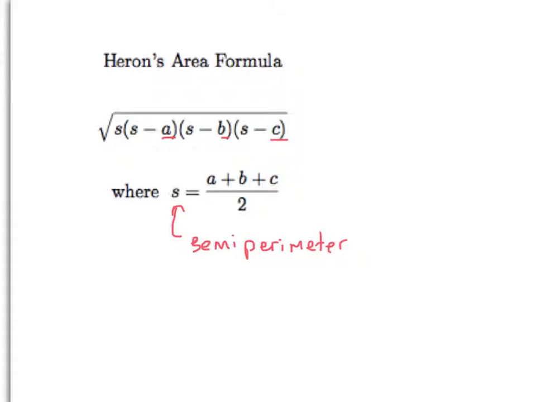Maybe you were thinking it was a distance around a semi-truck. Anyway, what we do is take the square root of the semi-perimeter multiplied by the product of the differences of the semi-perimeter and each side length. Whenever we use Heron's formula, we first find the semi-perimeter, and then we calculate everything.